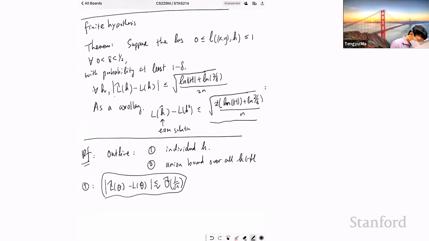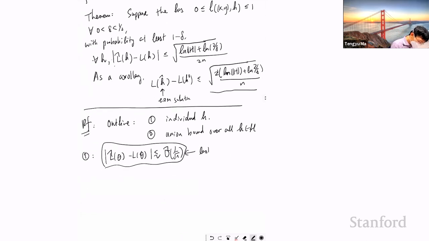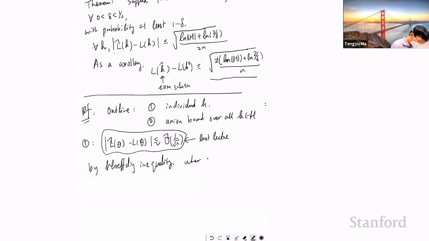So let's apply the Hoeffding inequality, where a_i is 0 and b_i is 1. So the bound is 0 and 1. We get that for every h in H, suppose this h is fixed, and then you draw your sample, you look at the probability that |L hat(h) minus L(h)| is less than epsilon.